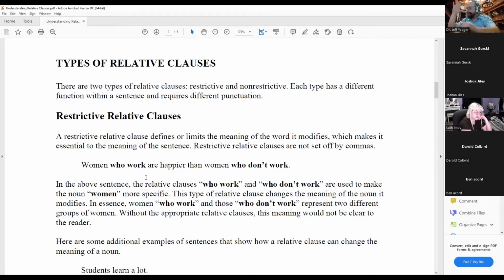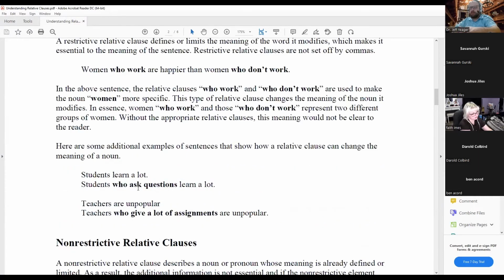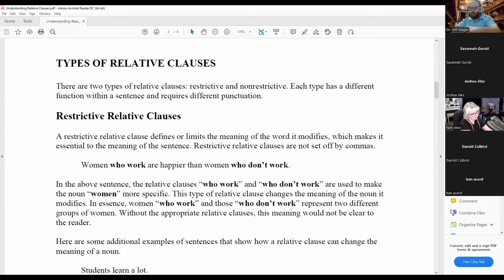And when it comes to relative clauses about people, usually it depends on using the word who. Women who work are happier than women who don't work.